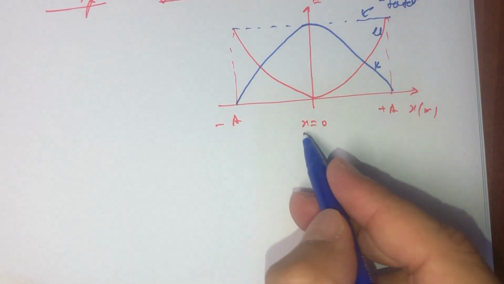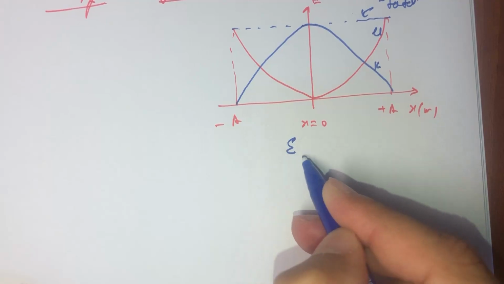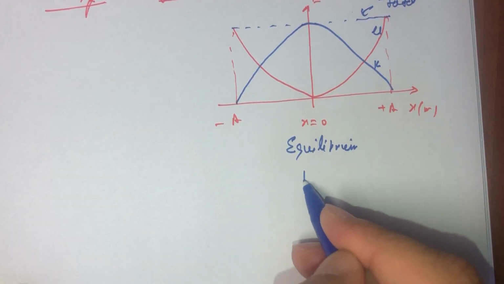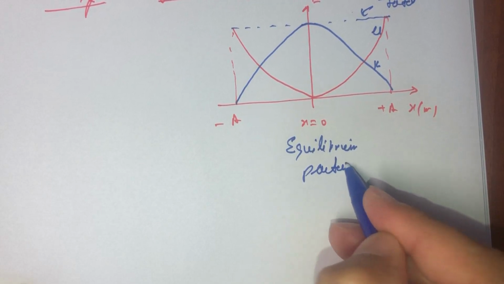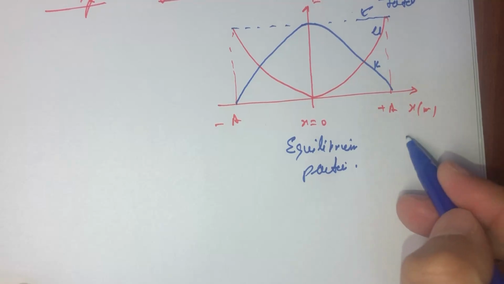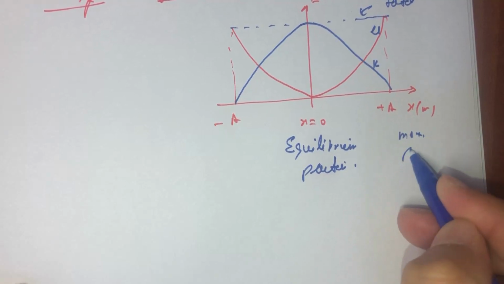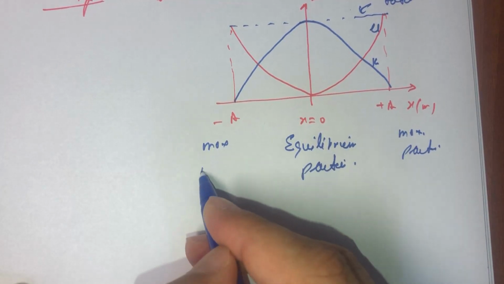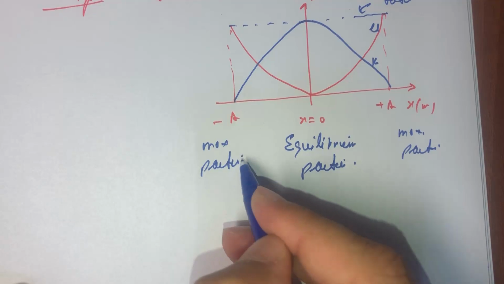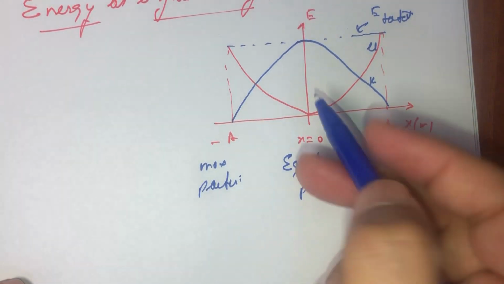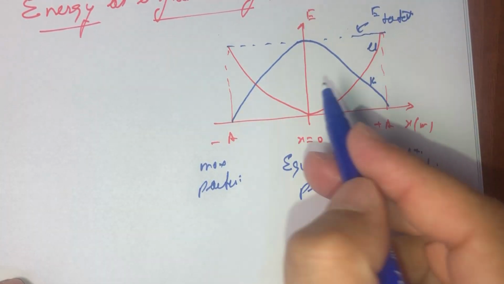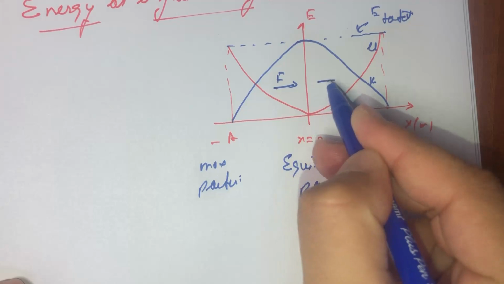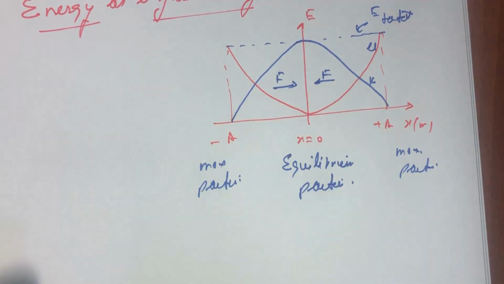So this x naught is our equilibrium position, and this is our maximum position on one side, and this is also the maximum position on the other side. And we can also say the direction of the force will always be towards the mean position.